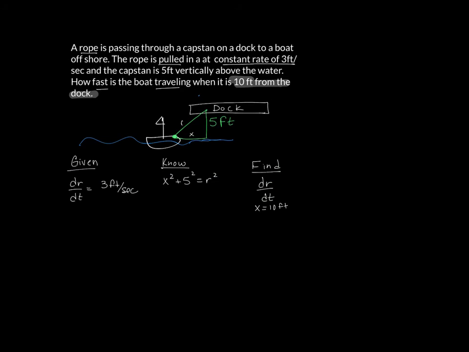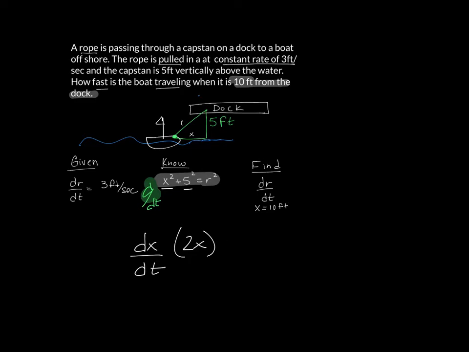We're going to start with our known equation, and we want to take the derivative with respect to time of all of it. So I am left with dx over dt. The derivative of x squared is 2x. Now the derivative of 5 squared is just 0. There is no variable there, so we don't have anything to write.